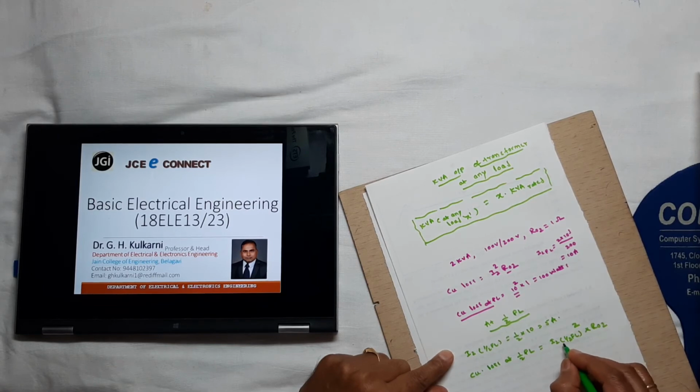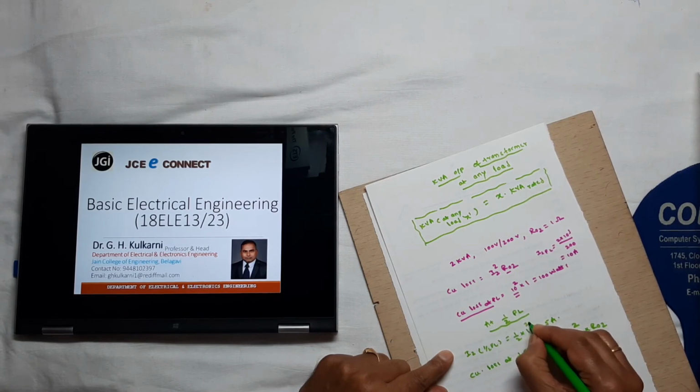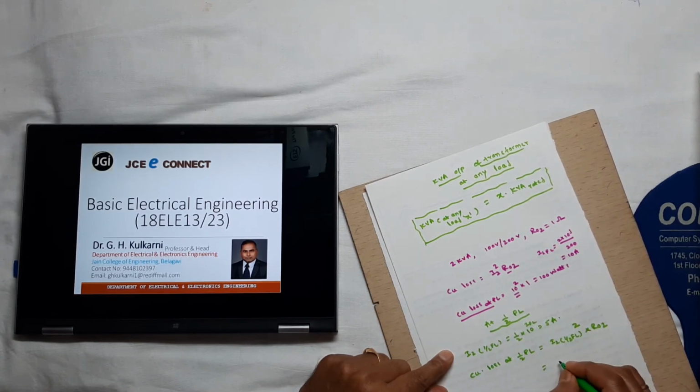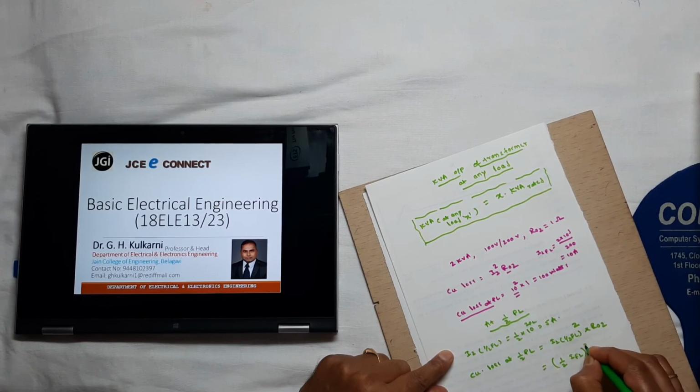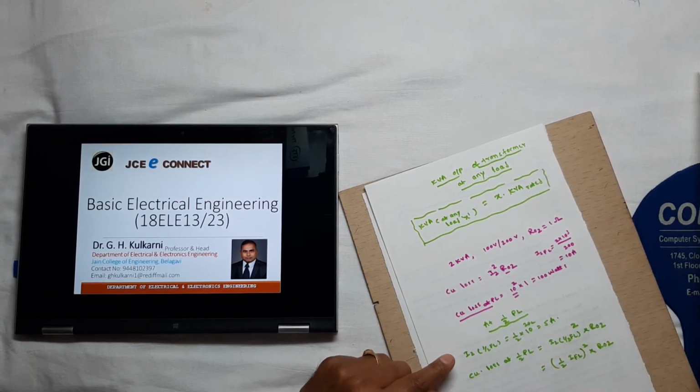How are we getting I2 at half full load? It is 1 by 2 times the full load current. It is nothing but half of the full load current, squared, multiplied by RO2. Is it not?